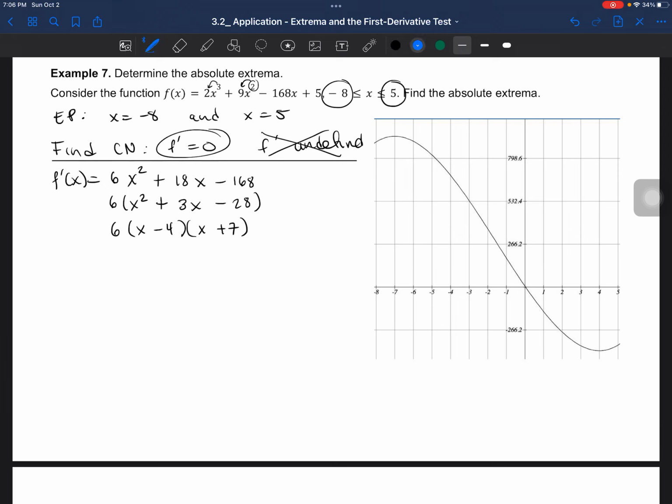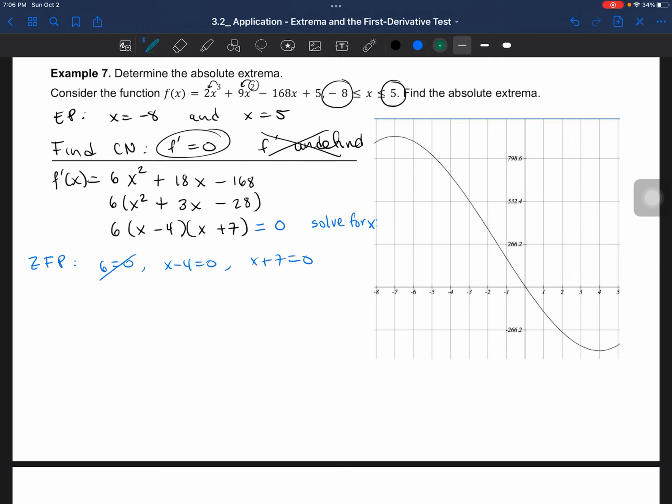We apply this condition, put that constraint here, and solve for x. To solve for x, we're going to use the zero factor property. That was the reason why we factored this out as much as possible. This implies that 6 equals 0, x minus 4 equals 0, x plus 7 equals 0. But we already know that 6 equaling 0 is not a true statement.